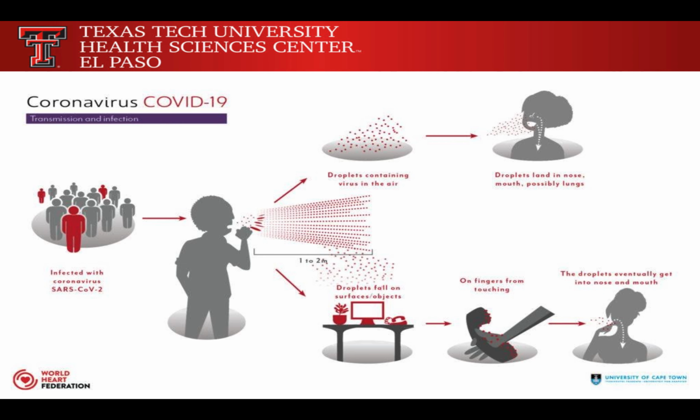And if these surfaces aren't cleaned regularly and someone else comes and touches them, and then without washing their hands or using sanitizer, they touch the dirty object and then touch their nose, mouth, or eyes, they can then become infected with coronavirus.